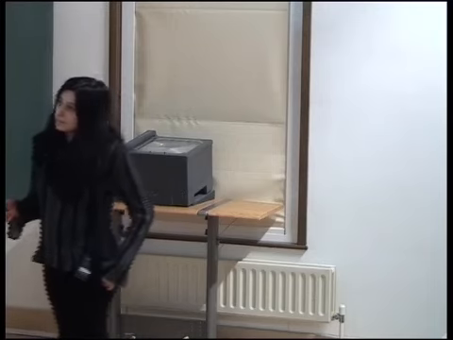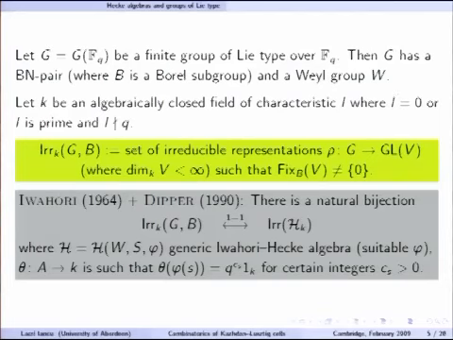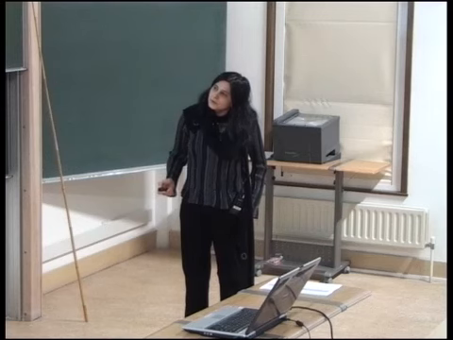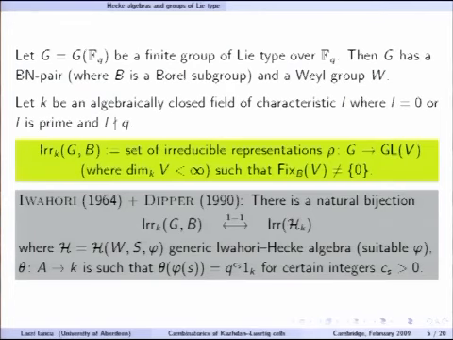So what is the specialization? Well, in each particular case, one can explain exactly what the specialization is. But in any case, it looks as follows. Theta sends the parameters of the Hecke algebra, the phi of S, to such elements of small k, q to some power times the identity, where that power is a positive number.